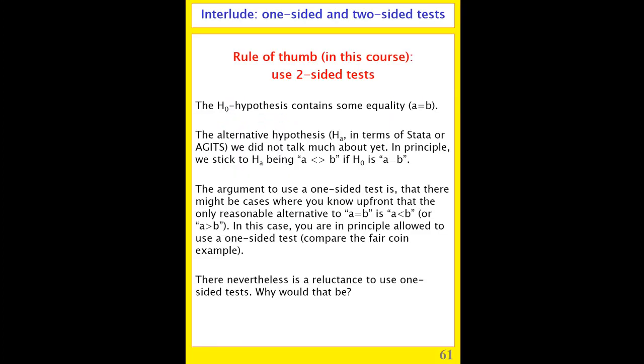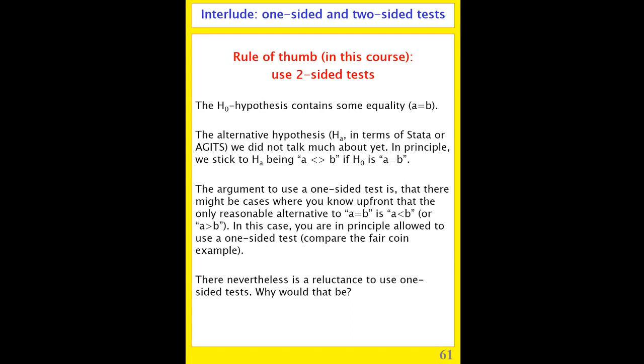Okay, two-sided tests and one-sided tests. The number one rule to remember: let's stick to two-sided tests because that's the safest. One-sided tests assume that you have a clear idea in which direction the alternative hypothesis is going to go. So I suspect my coin is showing heads way too often, and I want to check if it really is any different from 0.5, and the only reasonable alternative that I have is that it is larger than 0.5.